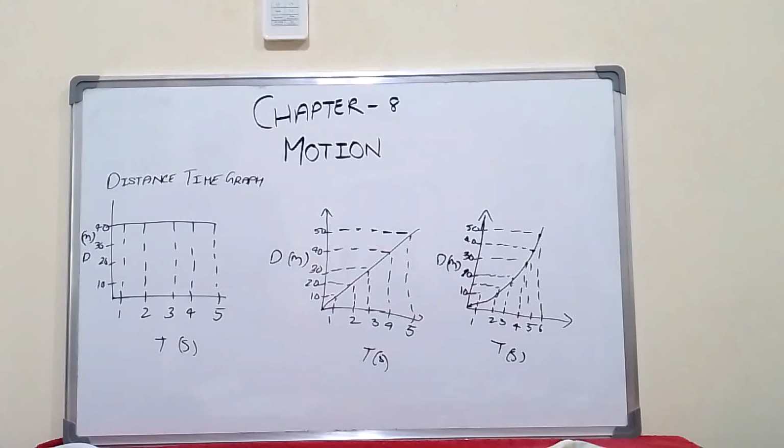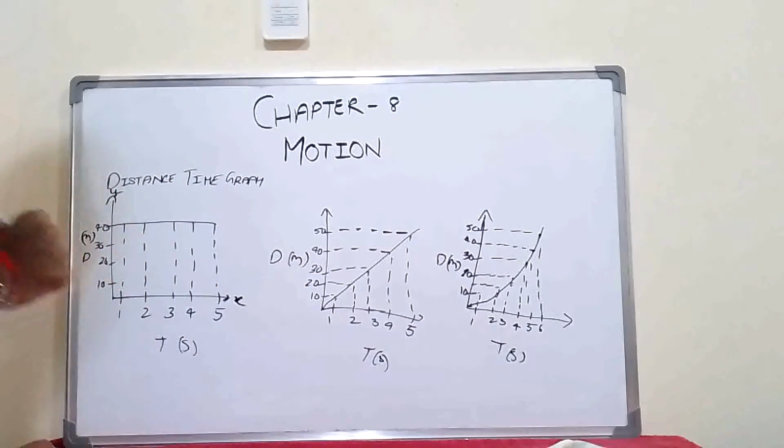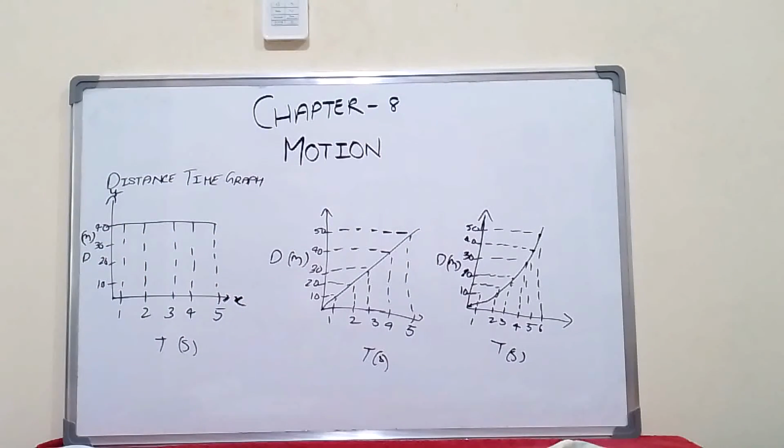So whenever the graph of a distance time graph is a straight line parallel to the x-axis, this is the x-axis and this is the y-axis, it means that the object is at rest because there is no change in the distance covered. So there is no change in the distance, which means the body hasn't moved at all.